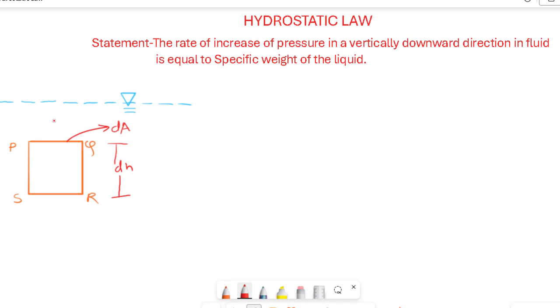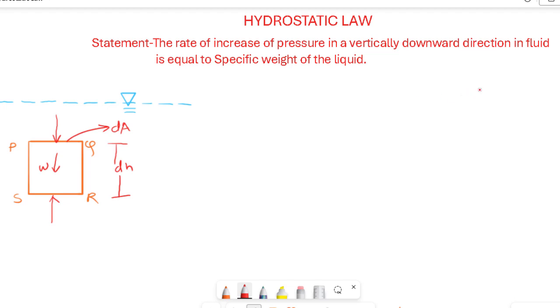Now let us consider the forces acting on this element. There will be vertically downward pressure force, there will be vertically upward acting pressure force, and there will be another force, that is self weight of the element. Now let us discuss these forces.